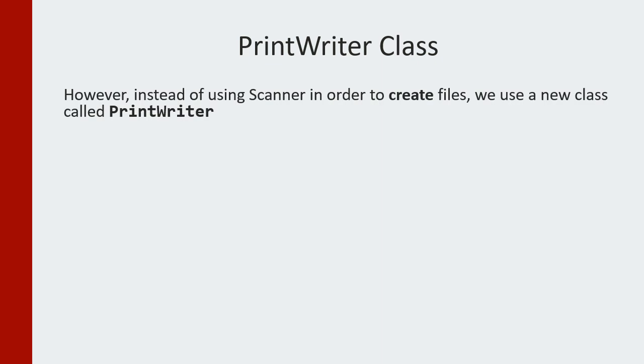Now, instead of using Scanner to create the files, we're going to use a different class called PrintWriter. The syntax is going to look really similar to Scanner, but it's just called PrintWriter instead. Just like Scanner and FileOutputStream, we need to import. Import java.io.PrintWriter.